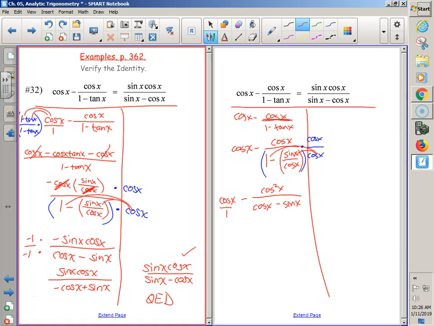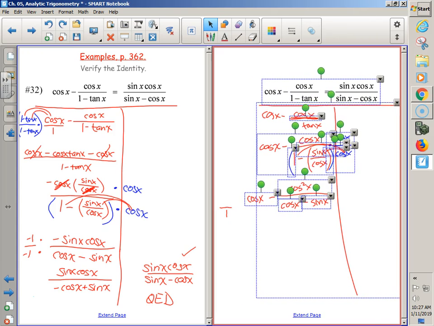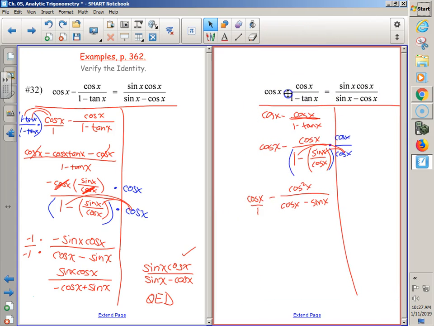Does anybody keep going? Wouldn't you have had to multiply top and bottom by the cosine of x minus sine of x? You guys see that minus, right?